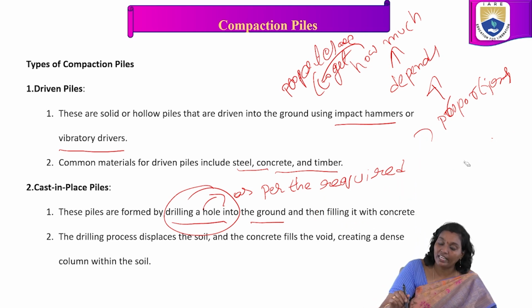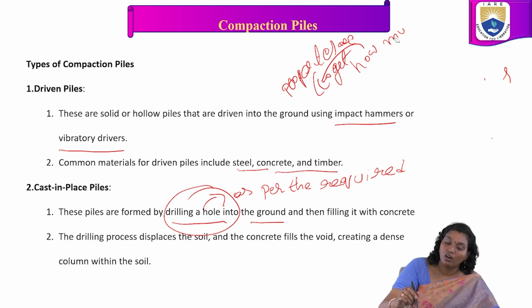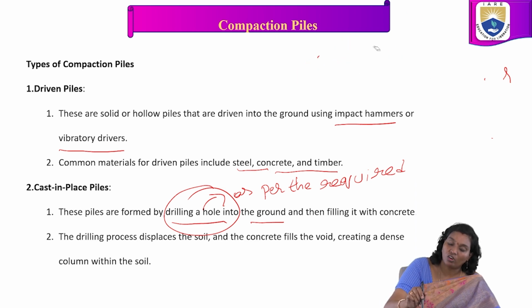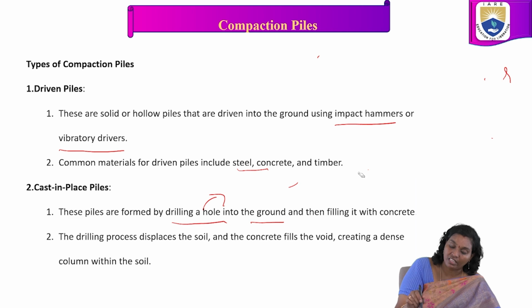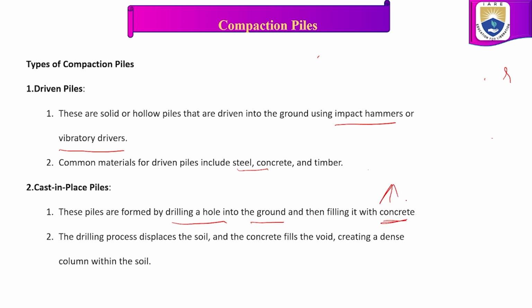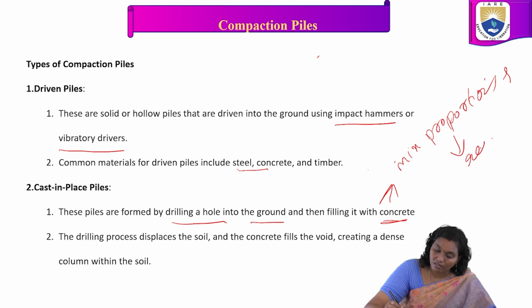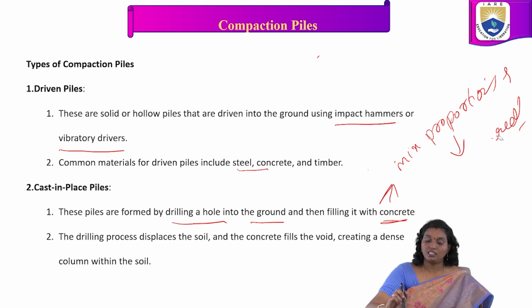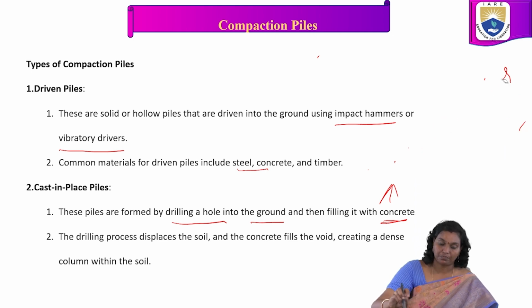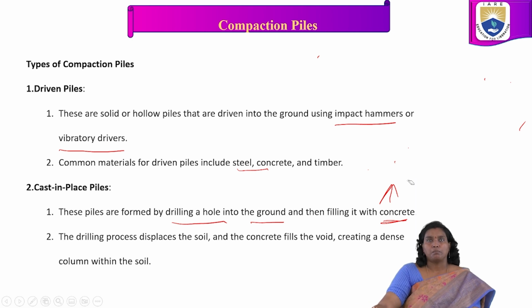The dimensions are decided based on the drilling hole, and the concrete mix proportions also change depending on the required parameters. Like this, we are going to understand these cast in place piles.